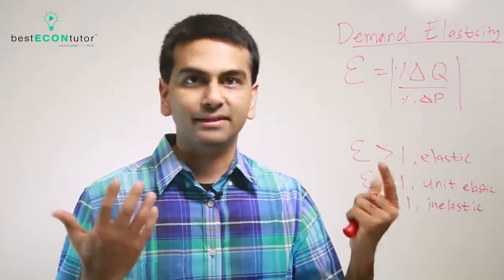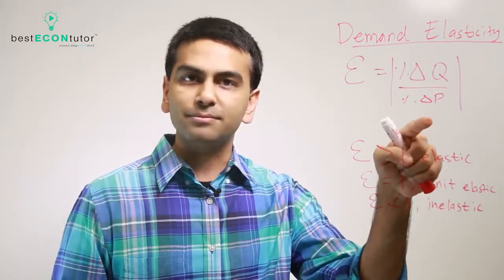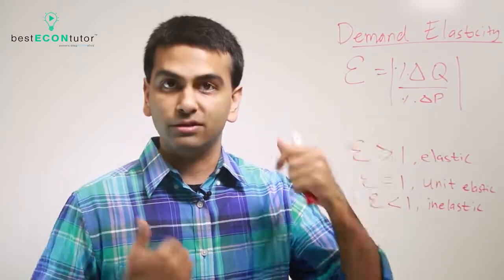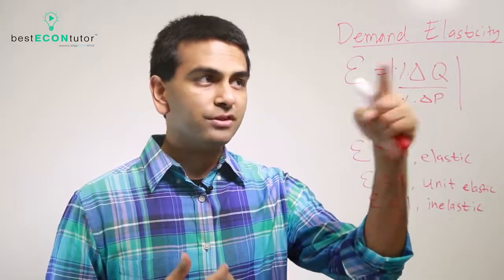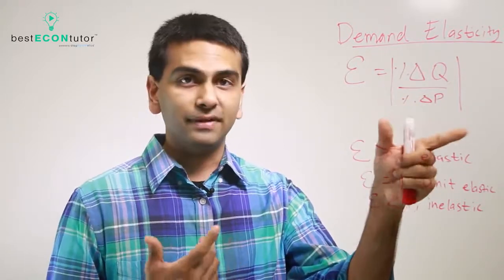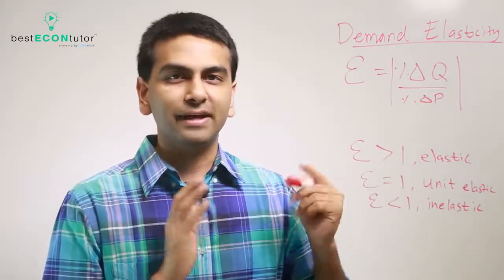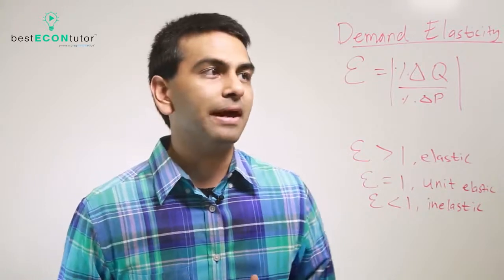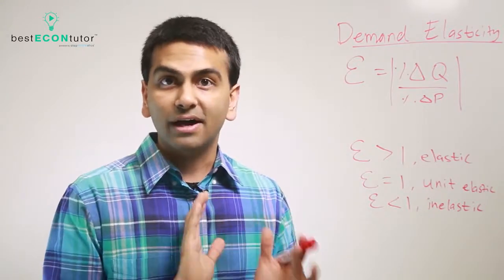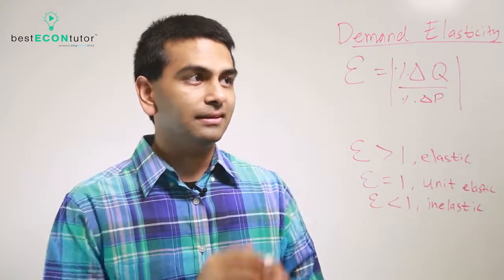So negative over positive is negative. Or if the price were to go down, then you want more. Then the bottom is negative if the price goes down, and then you're going to buy more. So either way, there's no way that this is going to be positive without the absolute values because the demand slopes down. And so that's why adding the absolute value really doesn't matter. But for other elasticities, positive versus negative does matter. So only for the regular demand elasticity is it okay.